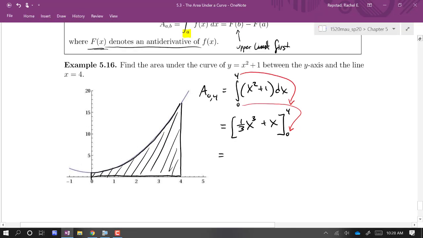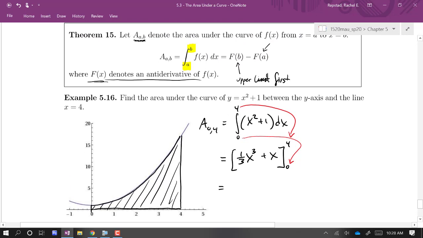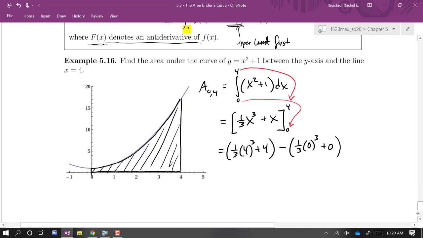Now what this means is I'm going to plug in the upper limit first. So 1/3 times 4 cubed plus 4, there's the F of the upper limit, minus plugging in the lower limit, 1/3 times 0 cubed plus 0. As it turns out, when we plug in 0, we do in fact get 0. That doesn't always happen, but that zeroes out.